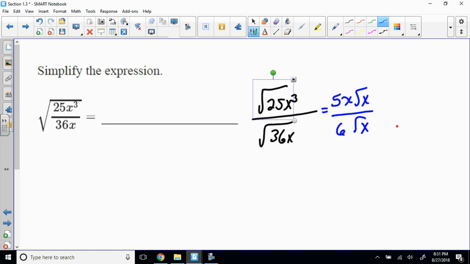Now, I've done it really quick. But can I have a radical in the denominator? No. So that's going to give me, of course, this, right?